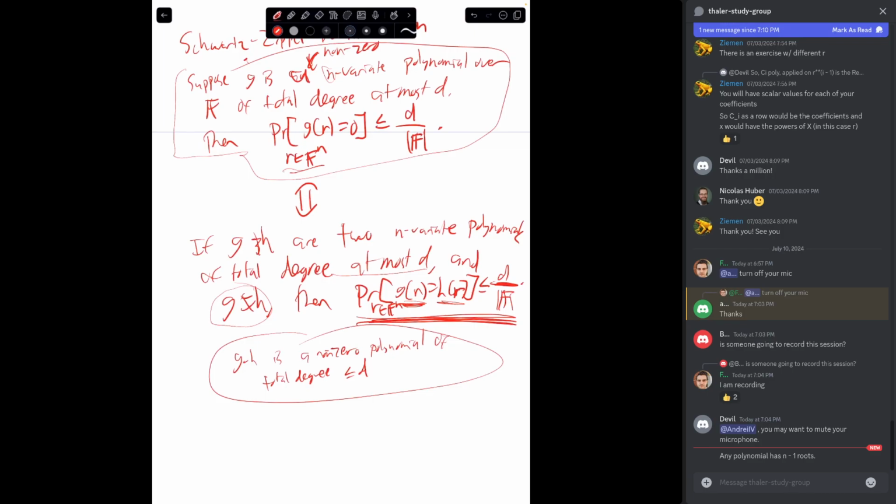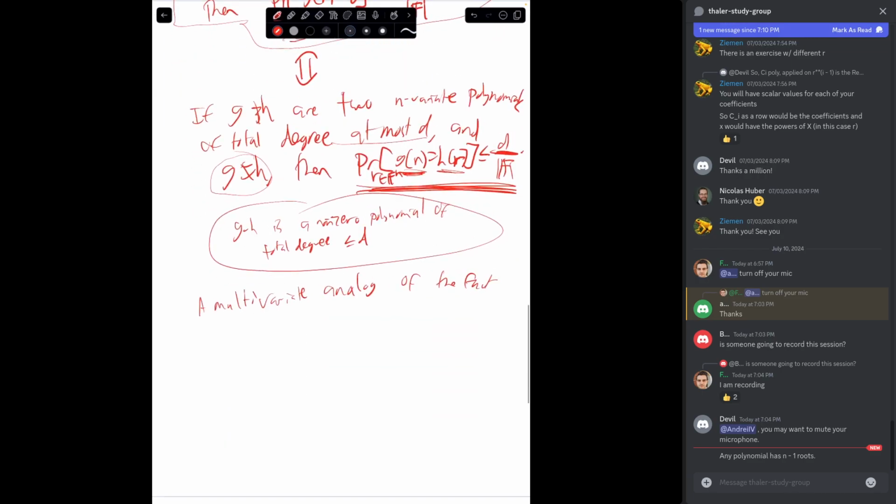And so this is a multivariate analog of the very simple univariate fact that any degree d univariate polynomial that's not the zero polynomial has at most d roots.